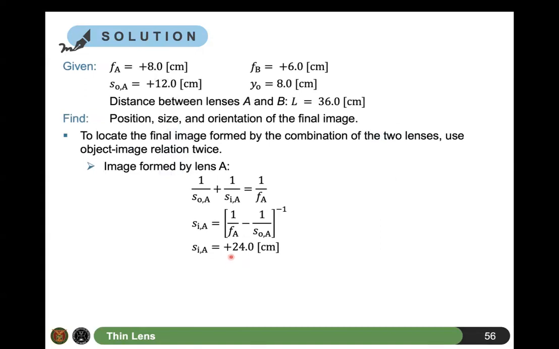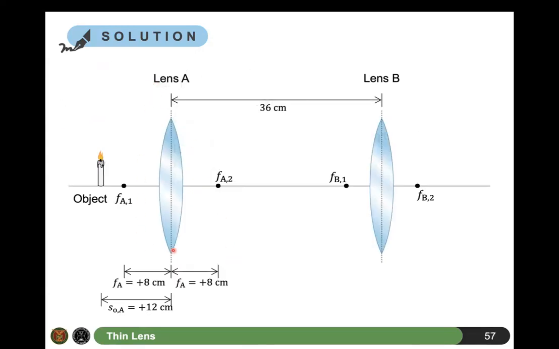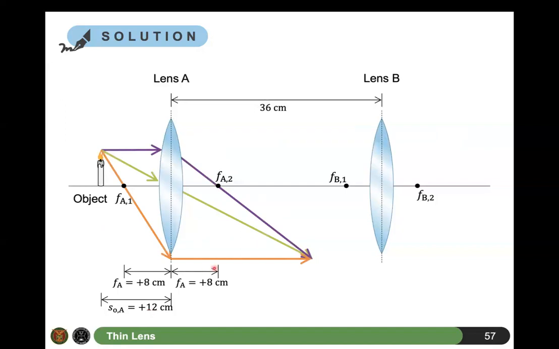So kung positive yung image form, that will be on the outgoing side of the lens A. So kung ito yung lens A natin, right? FA is 8 centimeters, S naught is 12 centimeters. If we draw our rays, the image is formed on the outgoing side. So positive 24.